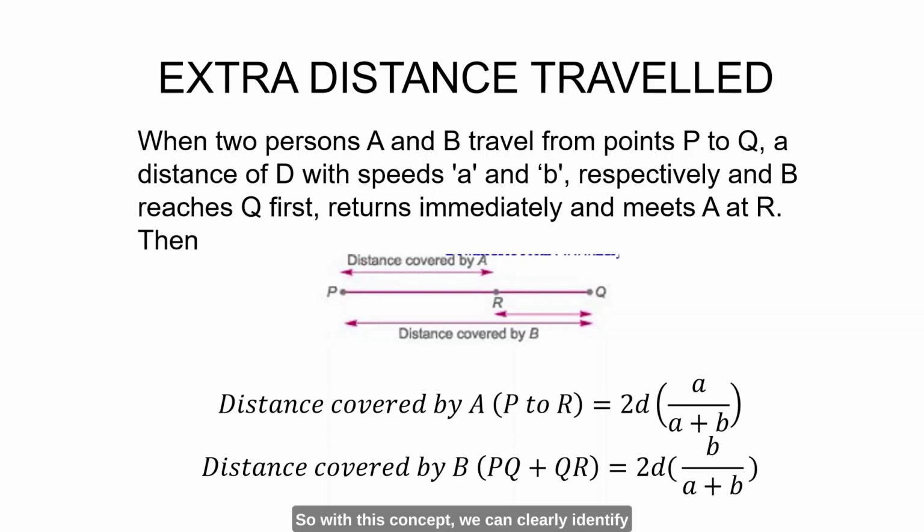So with this concept, we can clearly identify the distance traveled by a high-speed object and the low-speed object when they eventually meet each other. So let us solve some examples to know how this concept operates in reality.